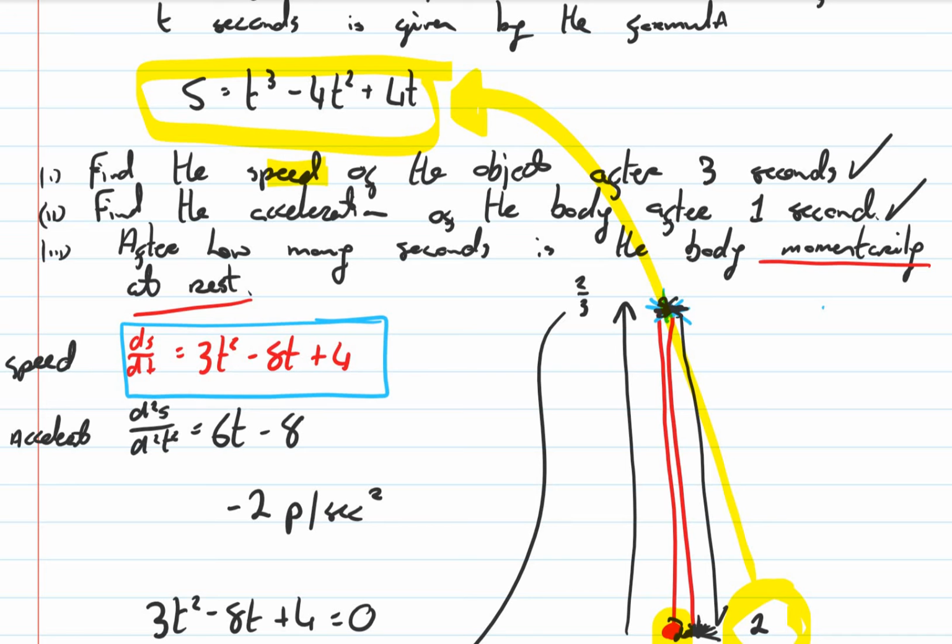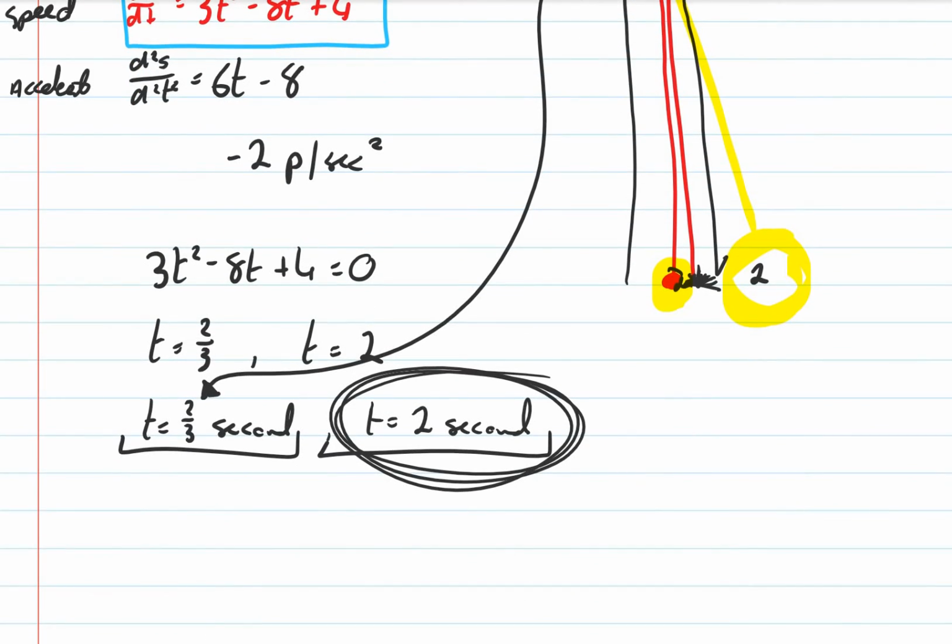If we put the 2 in there, do you know what our answer will probably be? You can check it out, but our answer should be 0, which means after 2 seconds the object is back down to the place it started at, okay?